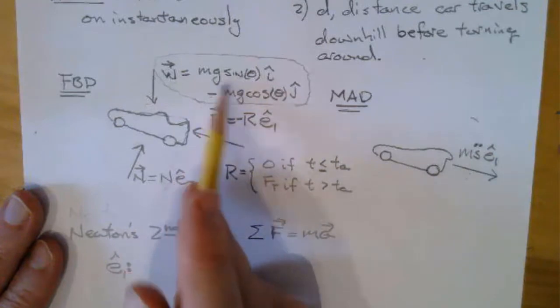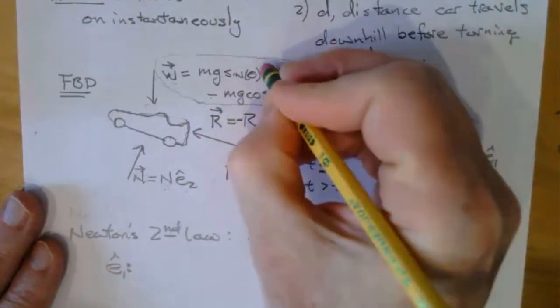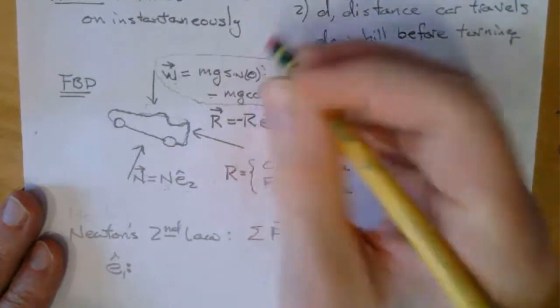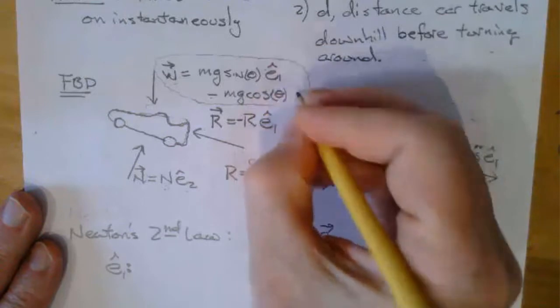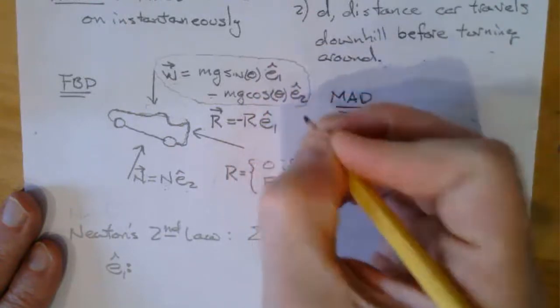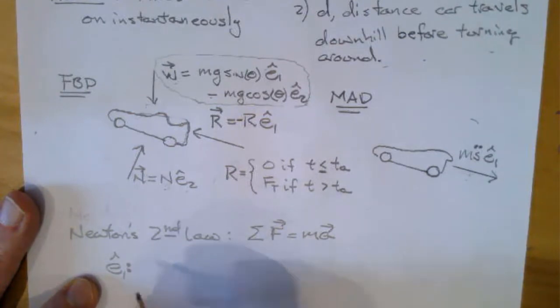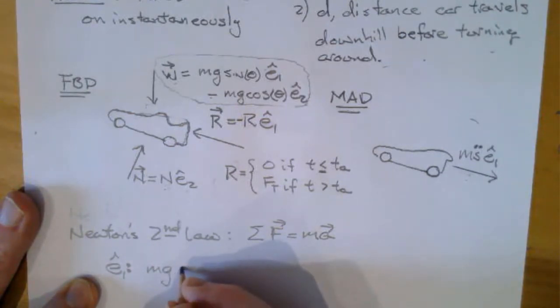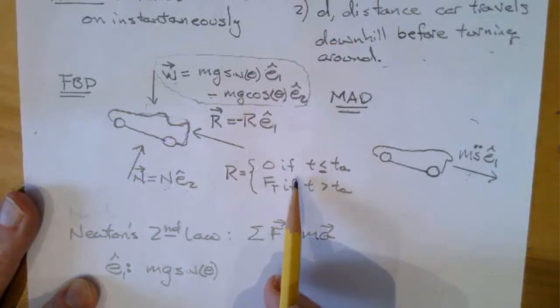So in the e hat 1 direction, oh boy, those weren't i and j, right? Those are e hat 1 and e hat 2. Messed that up. Hope you caught that. I just did. Okay, so now let's go e hat 1, e hat 2. So in the e hat 1 direction, I've got mg sine theta, and then I also have part of the rocket force.